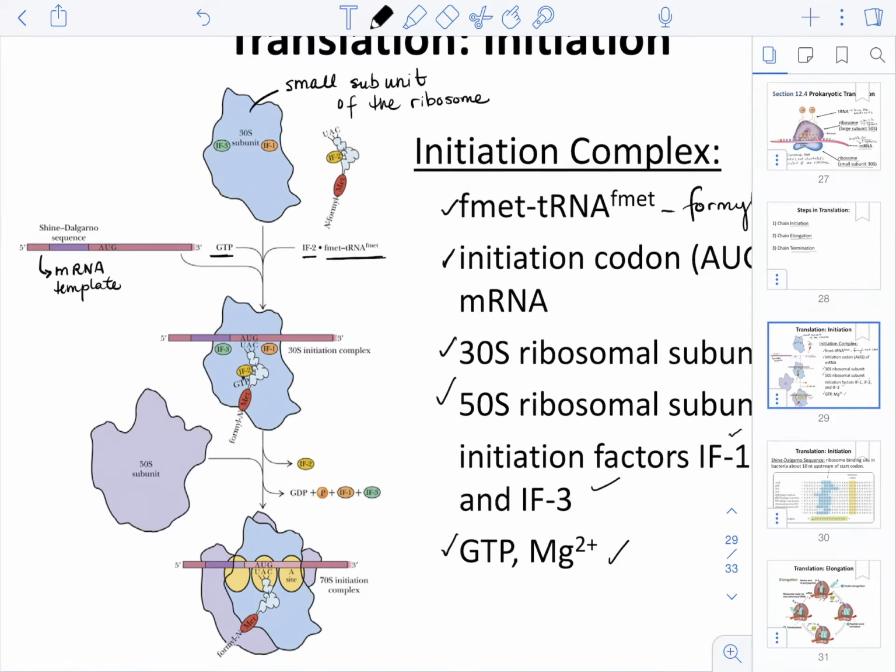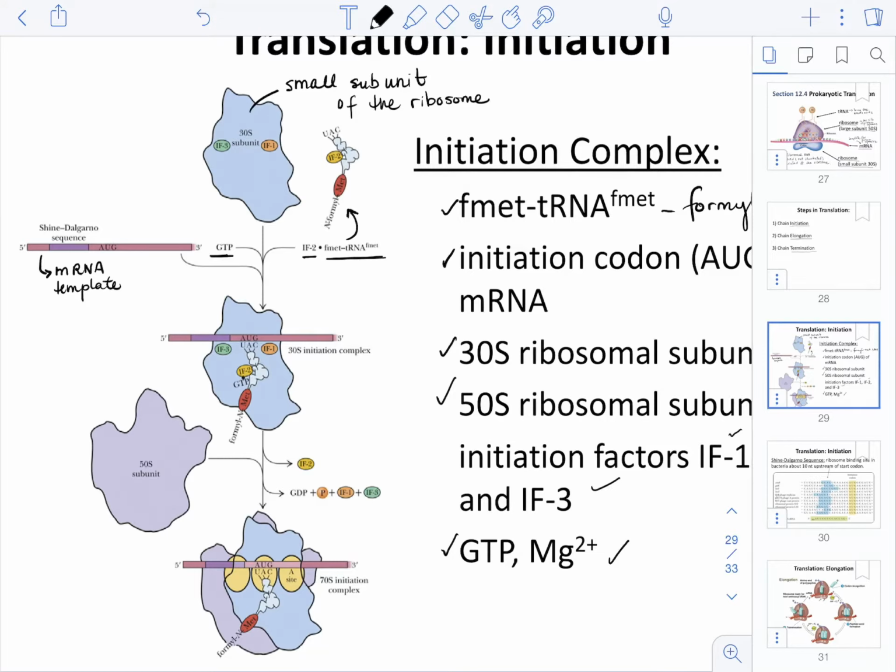This molecule is the N-formyl methionine, and they are going to come together in the following manner. It is at the Shine-Dalgarno sequence where the binding is going to be occurring for the ribosome to identify that that is the site for protein synthesis.